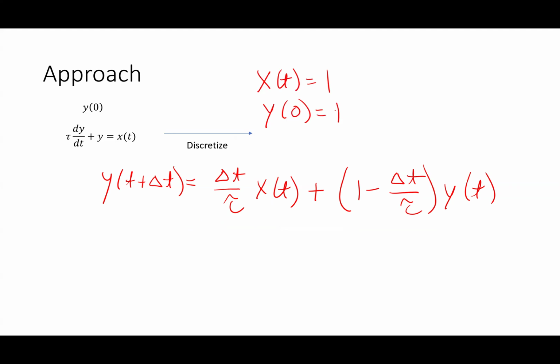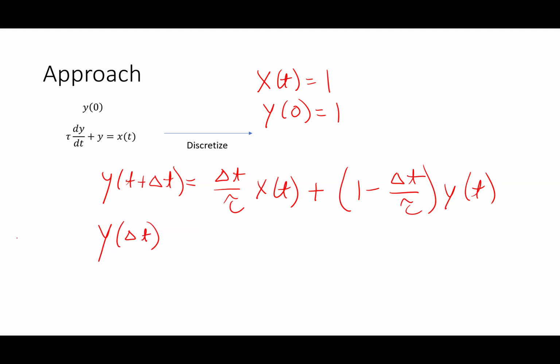Well, I could solve this at t equal to delta t. So how can I solve this for t equal to delta t? What value would I plug in for t? Let me be careful for a second.